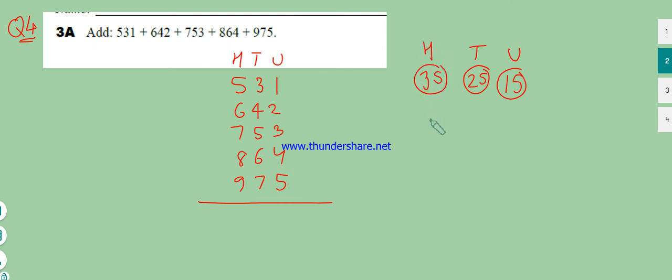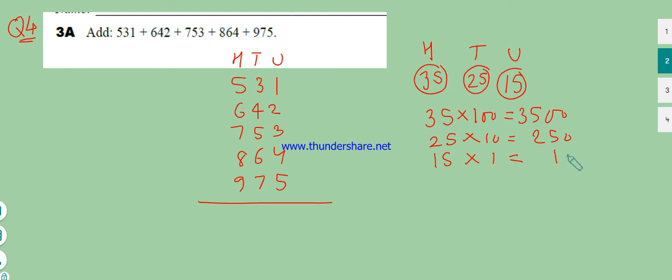So 100 place digit multiply by 100, 35 times 100, that gives you 3500. Then tens place multiply by 10, that gives you 250, and 15 is at units place, so it is 15 times 1, and that is 15, and then add them 5, 6, 7 and 3, and that is your answer.